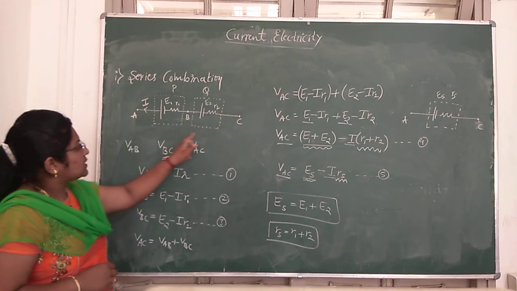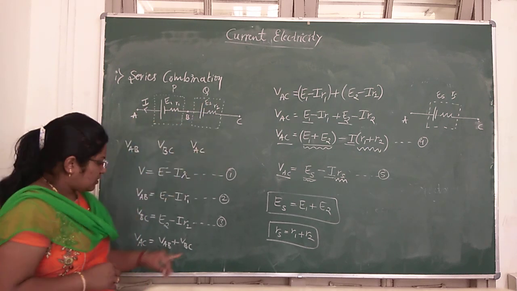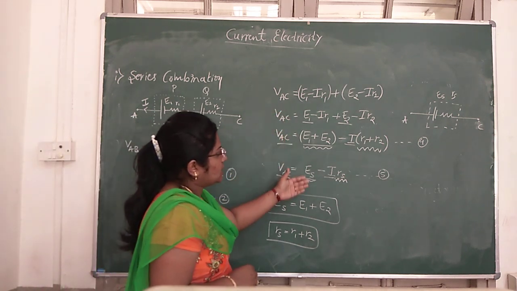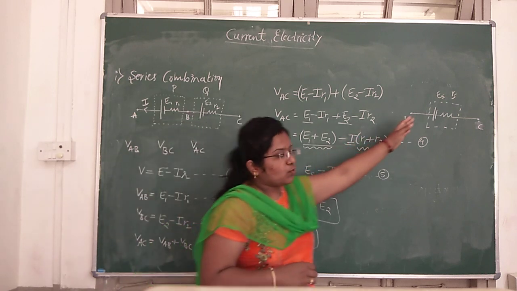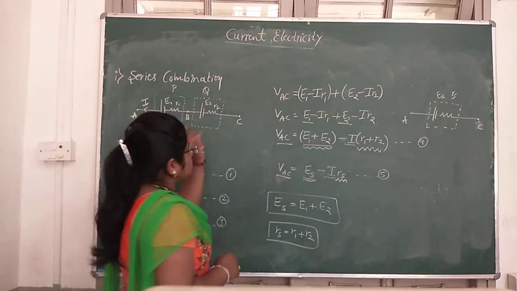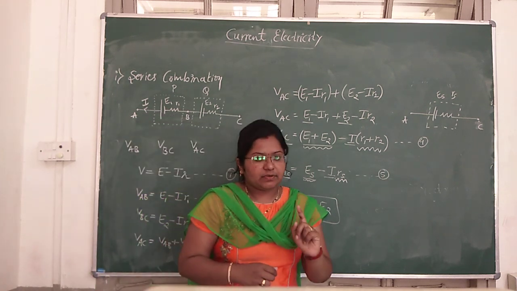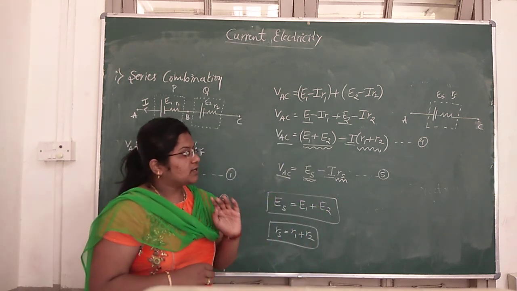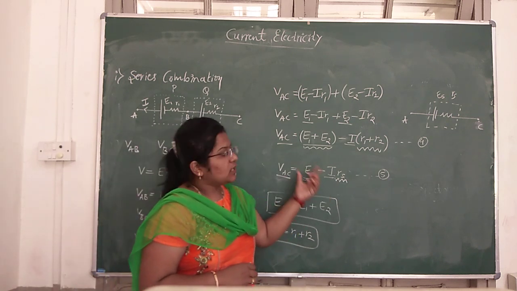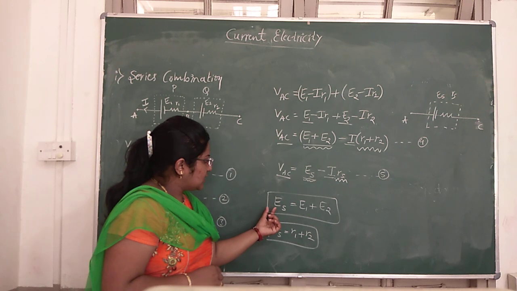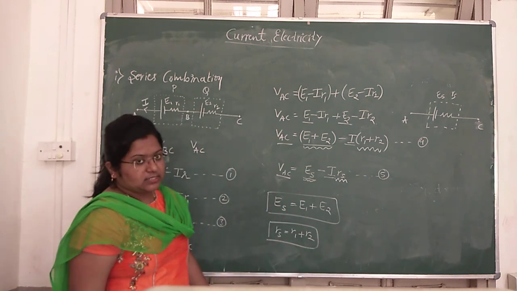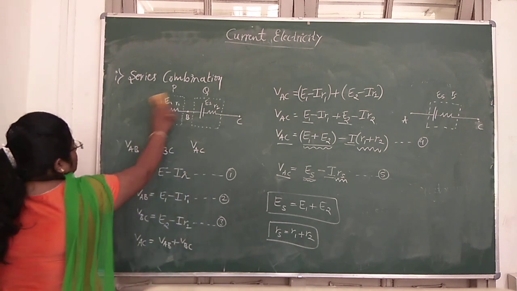And VAC is combination of these two, VAB plus VBC. We are substituting the terms and comparing and considering one more effective cell here. Instead of these two cells, we are using a single cell with effective EMF and effective internal resistance, and for that we are writing the expression. Then by comparing these two, we will get ES as this much, RS as this much. So understood? This is about series combination of cells.